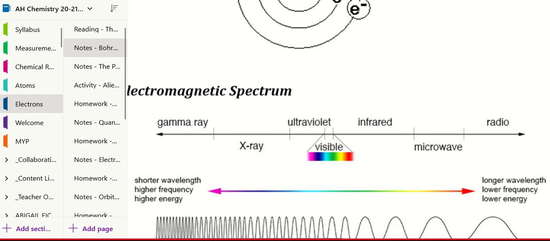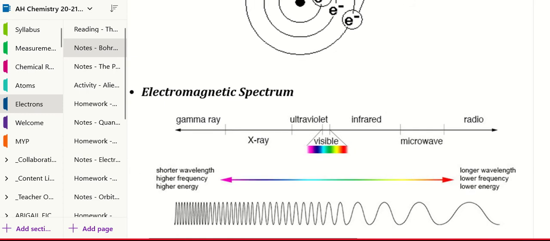Can you feel heat from the sun? Sometimes, yeah. So that heat that we feel, when we perceive it as heat, it's what we call infrared radiation or infrared light, which is lower energy than visible light.